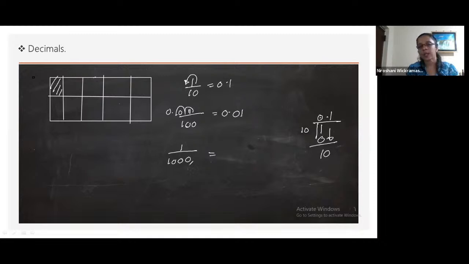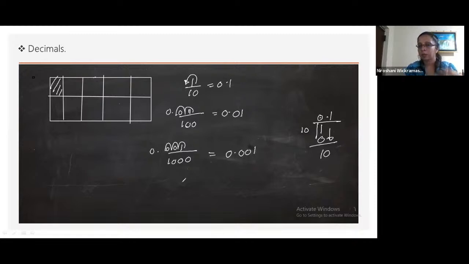If I write 1 over 1000, how can we do it? 3 zeros at the denominator. So it is 1000. Move 3 places back: 1, 2, 3. So what is the answer here? 0.001.